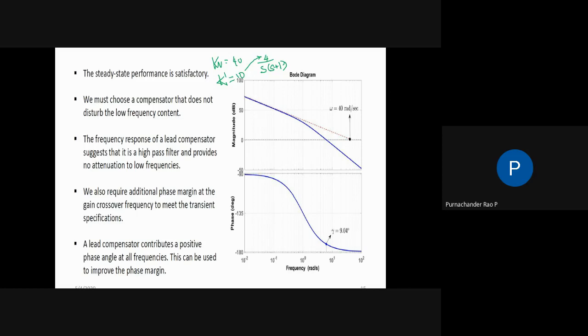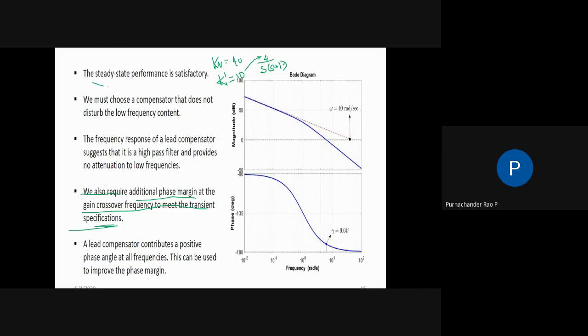Then we must choose a compensator that does not disturb the low frequency content, and therefore the frequency response of a lead compensator suggests that it is a high pass filter and provides no attenuation to the low frequency components. We also require additional phase margin at the gain crossover frequency to meet the transient specifications.